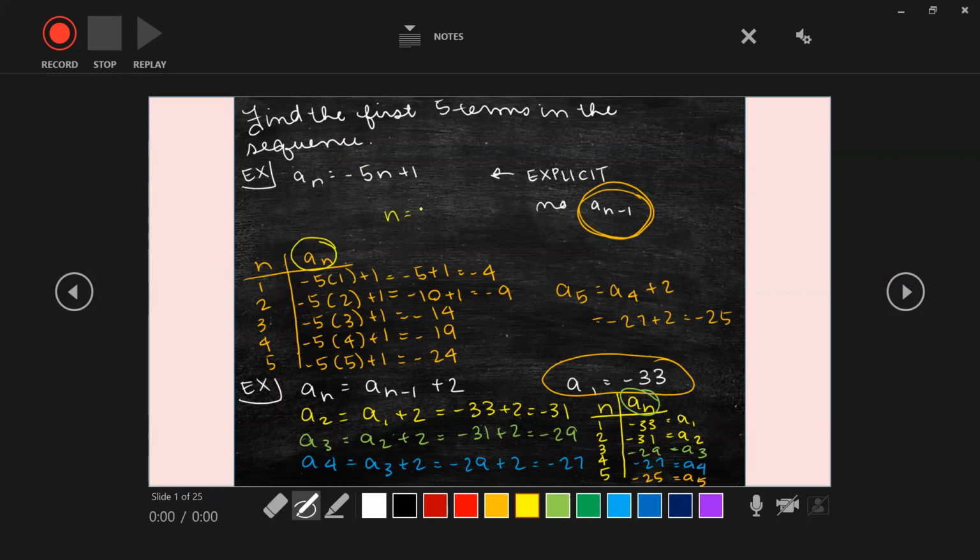We can start at n being 55 for all we care. We can still find an answer for this. Whereas in this problem, if we're trying to find a sub 55, or n is equal to 55, that's going to be a lot more work because we're going to have to find all of the preceding terms leading up to 55.